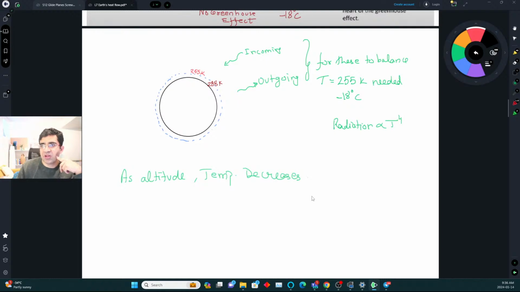At 255 Kelvin, the incoming radiation will be equal to outgoing radiation. That level is called the characteristic emission level, which is roughly 5 kilometers. That is within the troposphere.